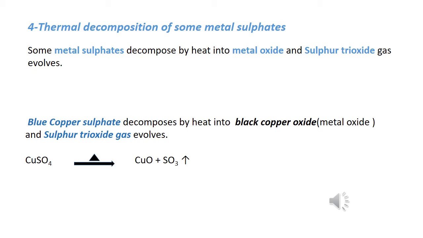CuSO4, copper sulfate, decomposes by heat into CuO, copper oxide, which has a black color, and SO3, sulfur trioxide.